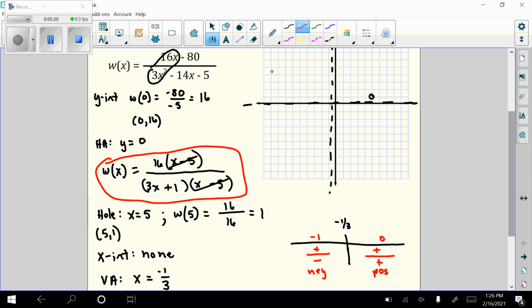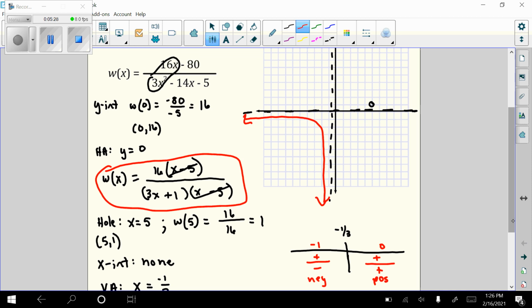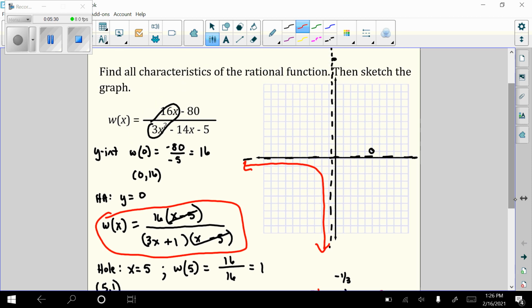So I know my graph is going to look something like this. Negative to the left of the vertical asymptote, positive, and I have a y-intercept up there, so it's off a little bit. And it's going to look something like this. Pretty bad up there in that first quadrant, but you get the idea.